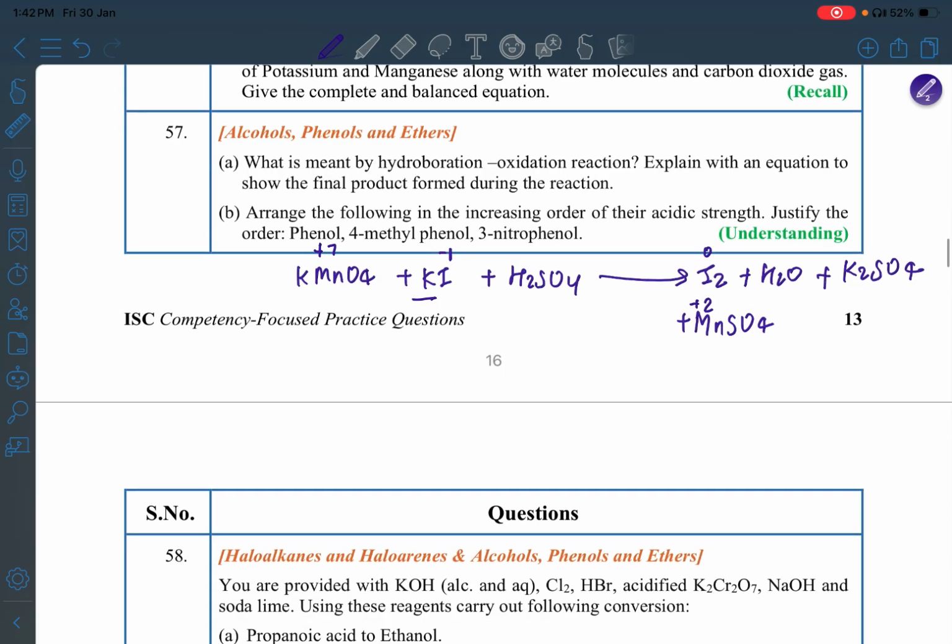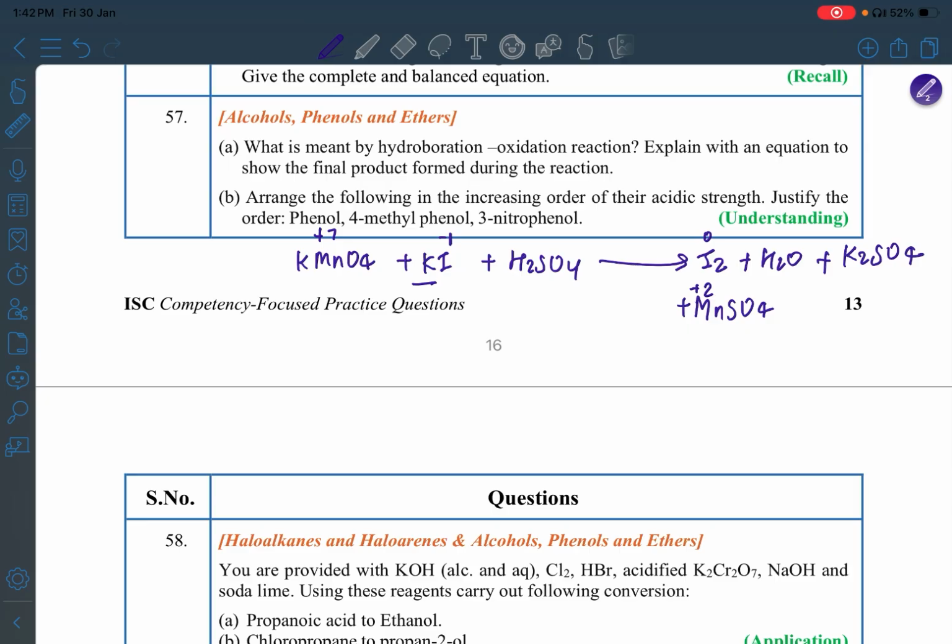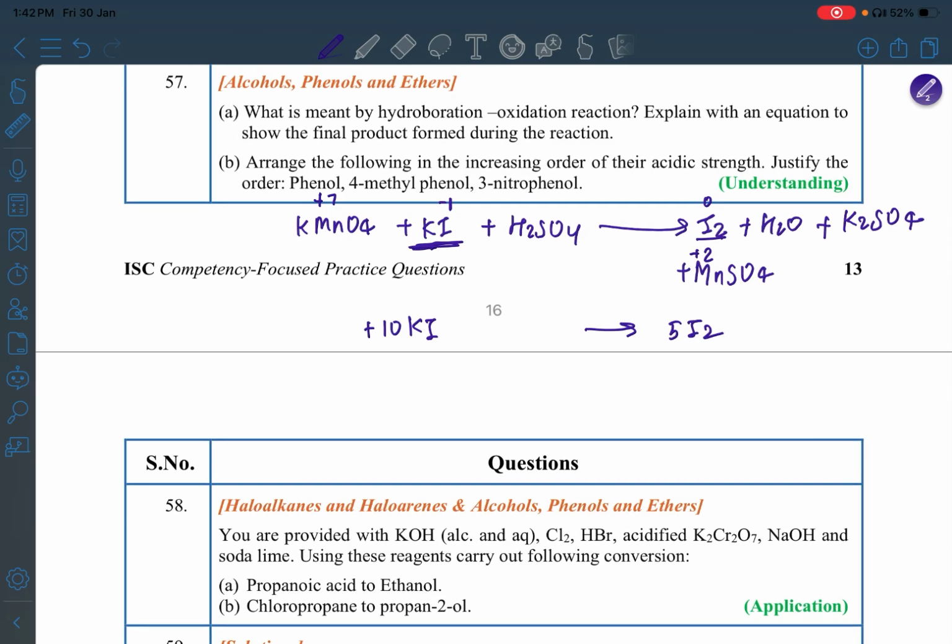Whenever we multiply by 5, here is 1 I, here is I2, so it will be 5 I2, and here we have to take 10 KI, because 1 KI contains only 1 iodine. Now for KMnO4, for balancing the reaction we have to multiply by 2, plus 10 KI, and then it becomes 2 MnSO4 plus K2SO4.